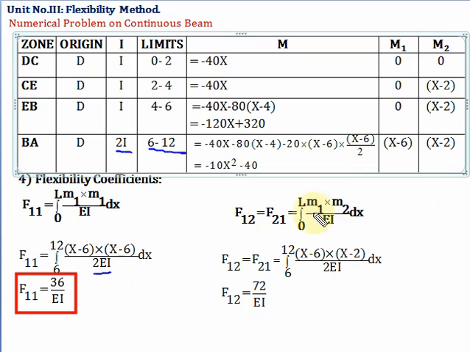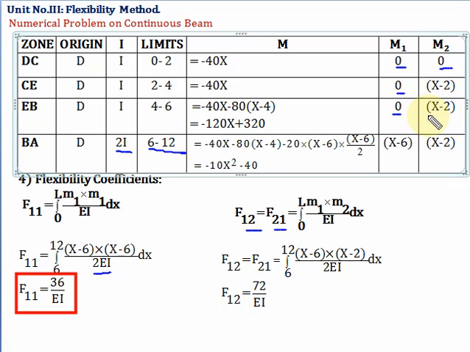Okay. Now next we will find out F12, which is equal to F21, which is equal to integration 0 to L M1 into M2 upon EI into dx. Now here we have to multiply M1 into M2. So here the value is 0, here also 0, so it will become equal to 0. Here the value is 0, so again this term will be equal to 0. Here again the value for EB is 0.